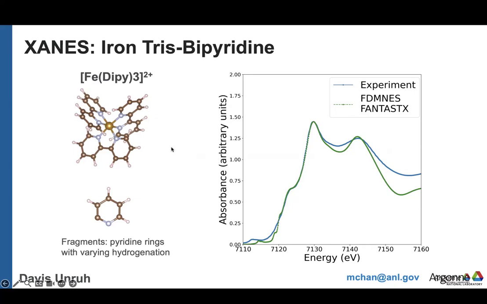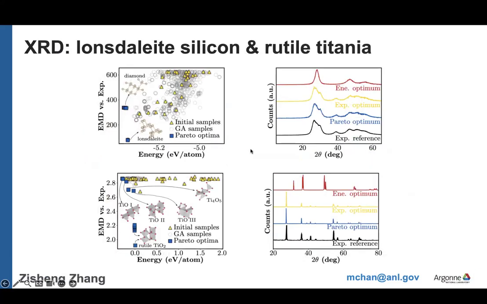One of our future plans would be X-ray absorption for crystal structures as well as X-ray diffraction. Most of the time when you do XRD, you can find the pattern in some kind of database. But just in case, this is called, in the XRD world, ab initio structure search, finding a new material that hasn't been seen before or is not in your database. Fantastics is also able to do that, even with messy experimental data, not very clean ones.